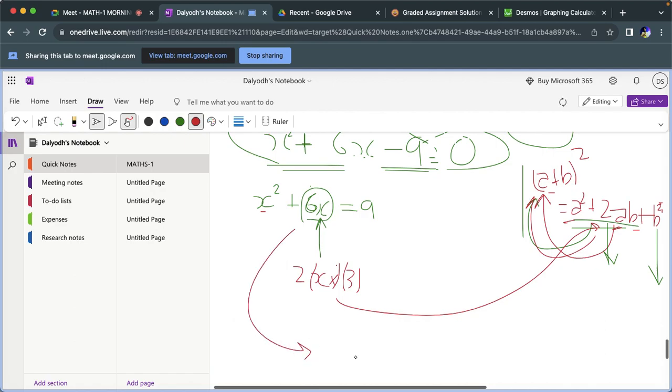In the next step, how can you go from this to a plus b whole square? What do you add here? 9, right?